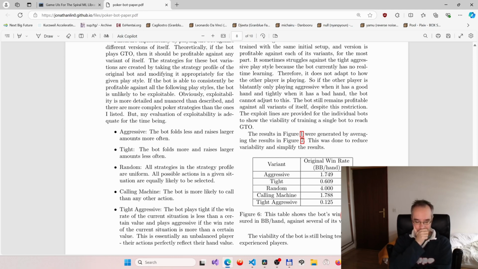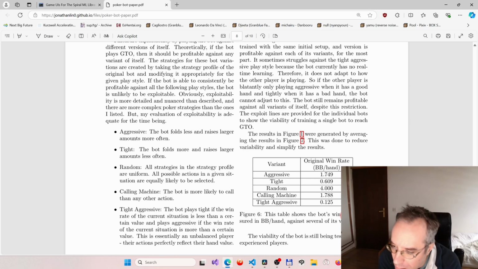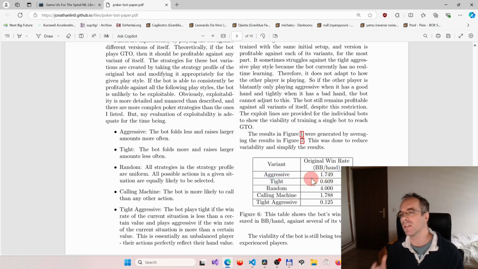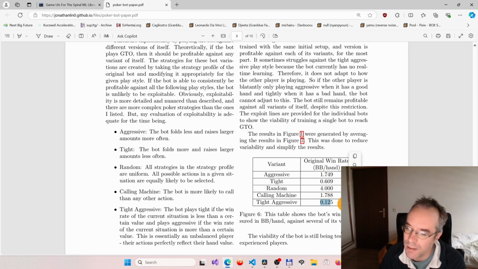Oh yeah, the calling machine is actually a lot better. It's not actually that much better than the aggressive player. I guess this agent would only call and raise. This would only call, and this I guess takes the hand rank into consideration.